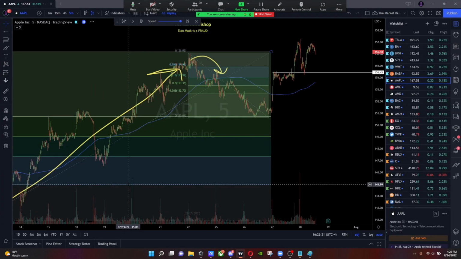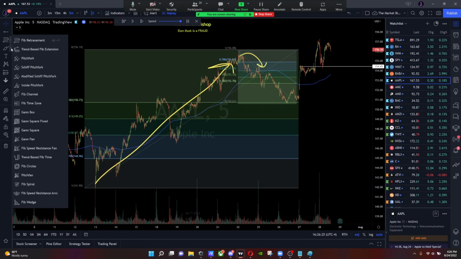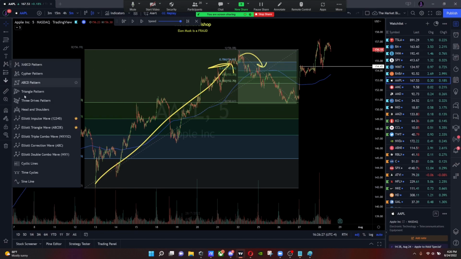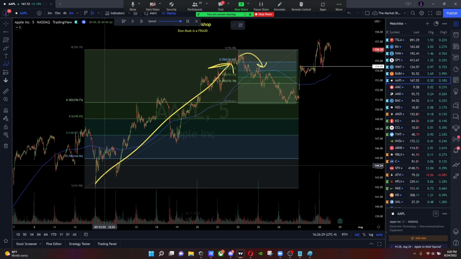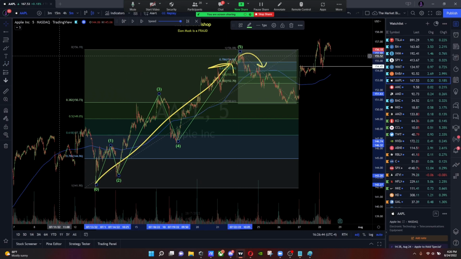What the Elliott wave is, basically, it uses the Fibonacci. Let me find it. You guys have probably seen it a few times on my charts. It uses the Fibonacci to basically find a trend and stuff like that. So I'll probably go over the Elliott wave next.